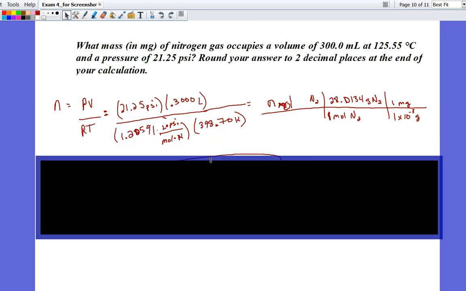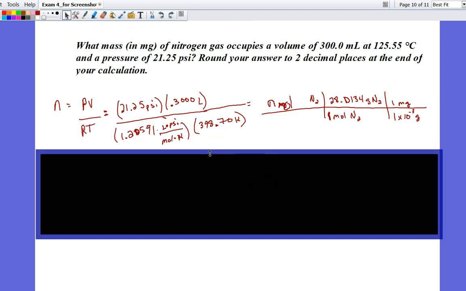So here I did this one the way I alluded to earlier, where I'm solving for N, because ultimately I could get to mass of nitrogen, but I don't have a way to do that without first getting to moles of nitrogen. But once I get to moles, I can convert to grams of N2, and then I can convert from grams to milligrams. So I substituted all my pressures here.